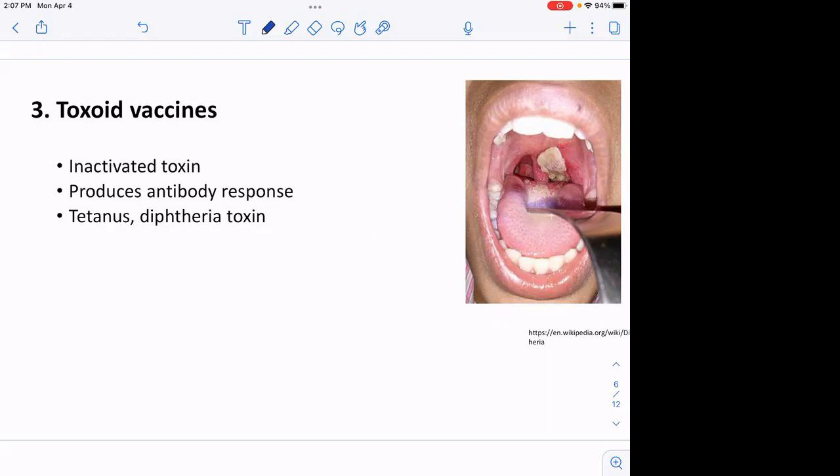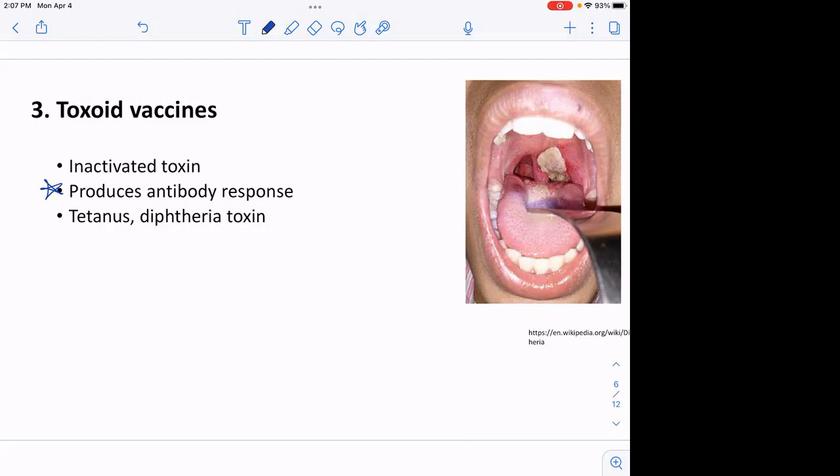Again, they add some formalin or they heat it or hit it with some radiation. We get a really good antibody response, and again, that's usually good enough. Tetanus and diphtheria are the two toxoid vaccines. A toxoid is just an inactivated toxin. That acellular pertussis vaccine actually includes some pertussis toxoid as well.